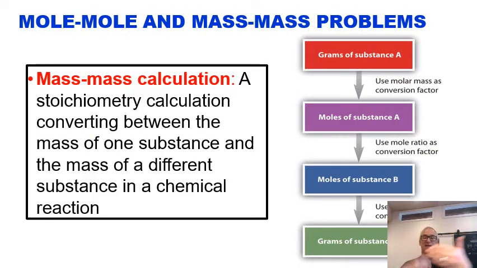So a mass to mass calculation is if you're given the mass of one substance and you're asked for the mass of another one. So then you have to do 3 conversions.